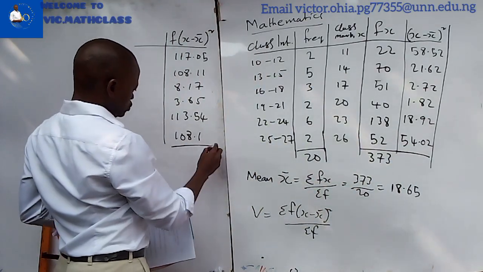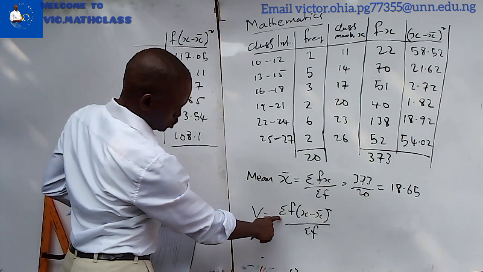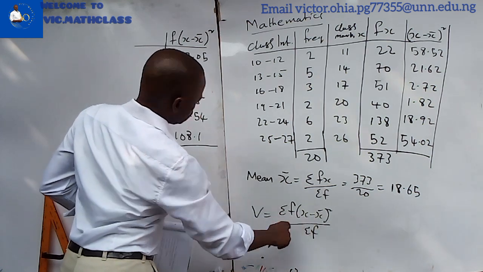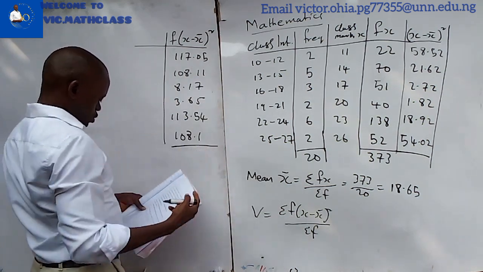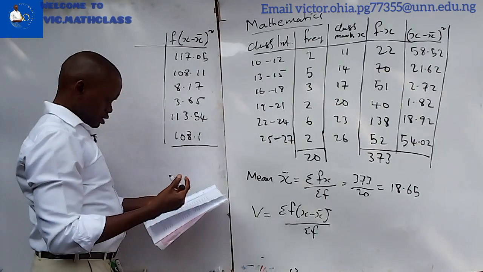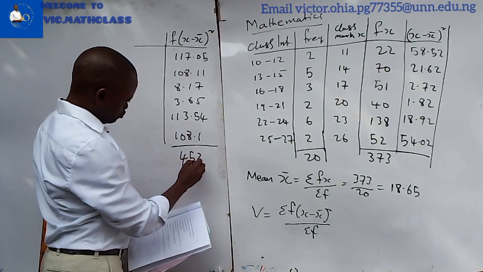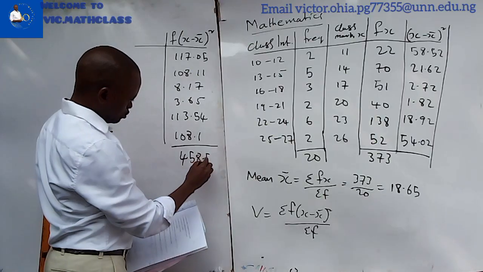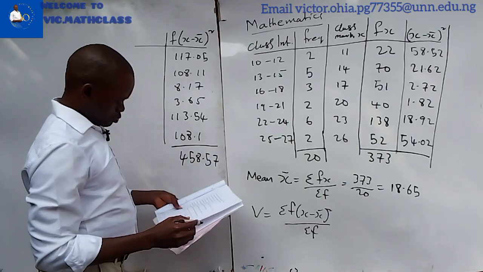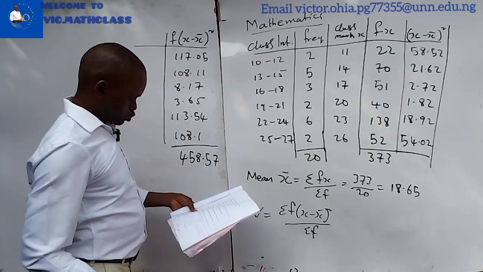When you are done, you take the sum, that is the summation of frequency times this, the sum of all these things. When you sum it, by my own calculation, I have 458.57. So we are there now to make substitution.